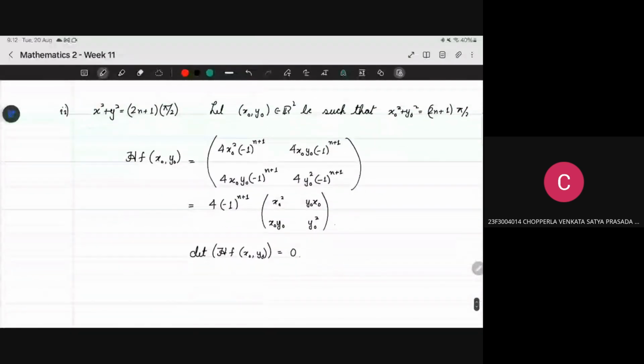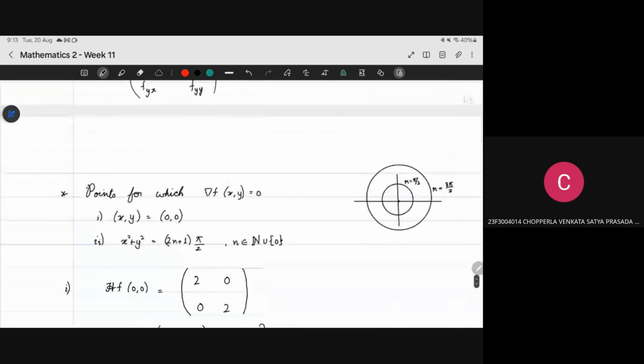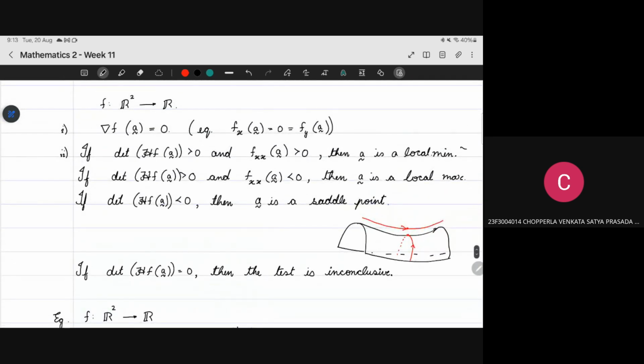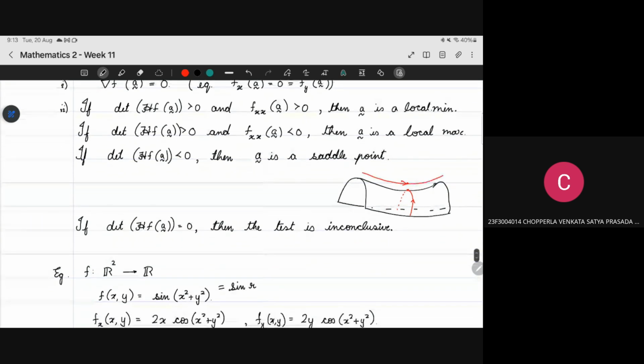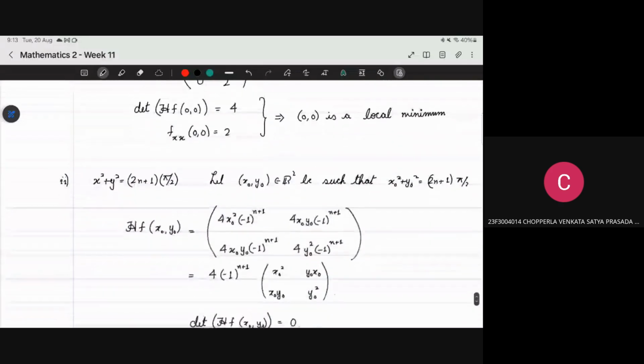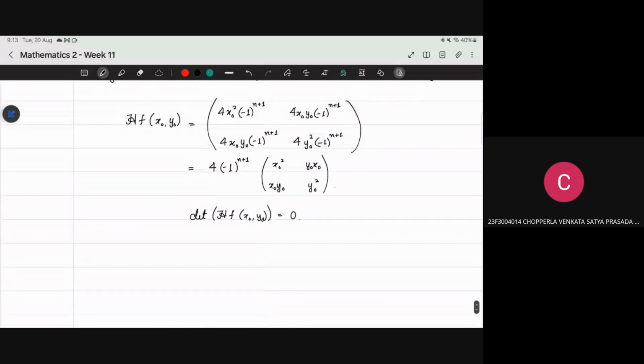If this is not zero, and if I've made a mistake, then you will see that the minima will be pointed out by this condition and the maxima will be pointed out by this condition. Once again, draw the graph on GeoGebra or whatever graphing tool you would like to use and see how the function behaves.